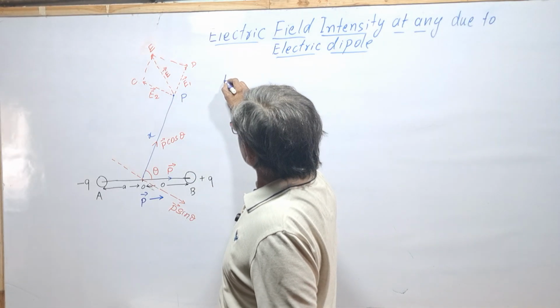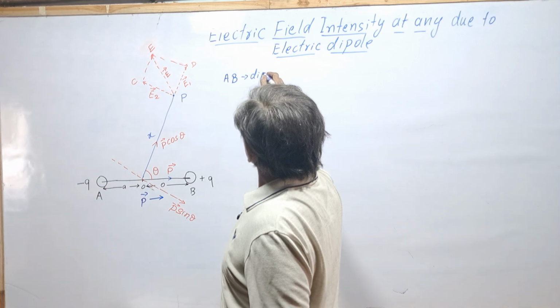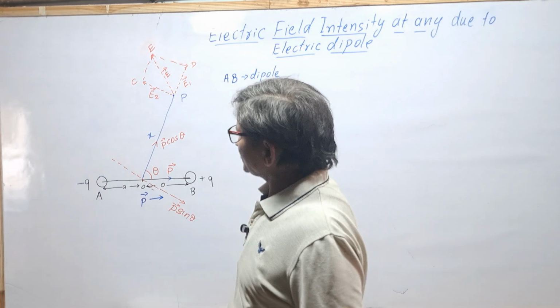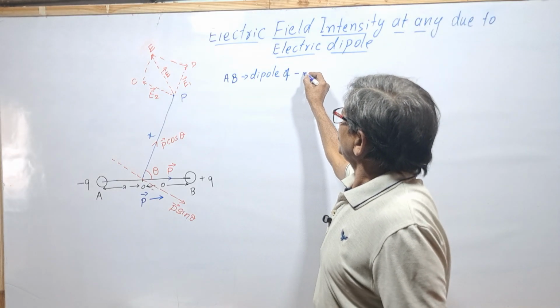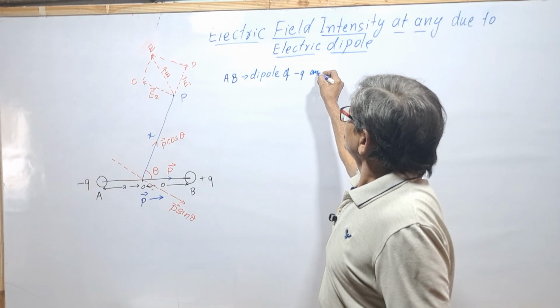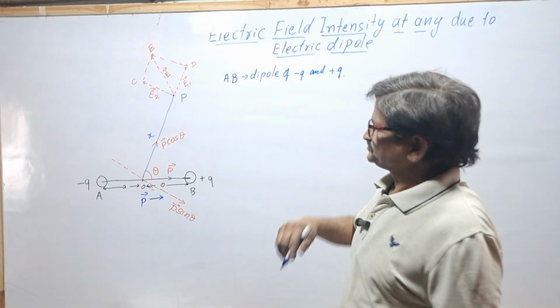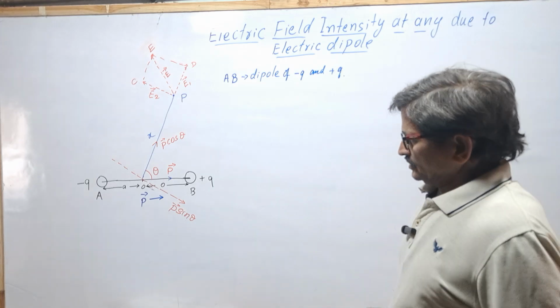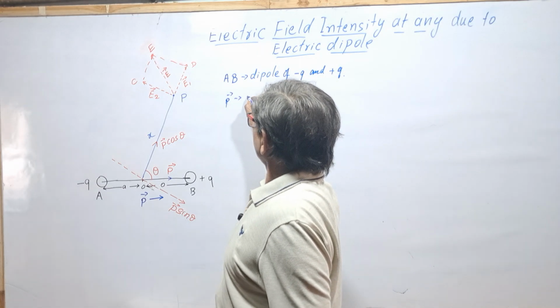See here I am explaining this figure. A and B is a dipole of charge negative q and positive q respectively. And P is the dipole moment.